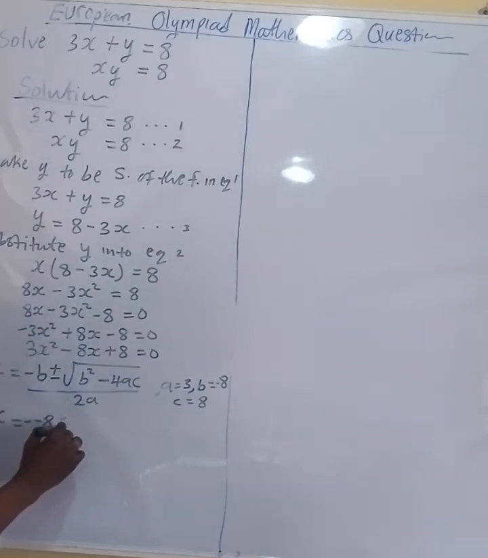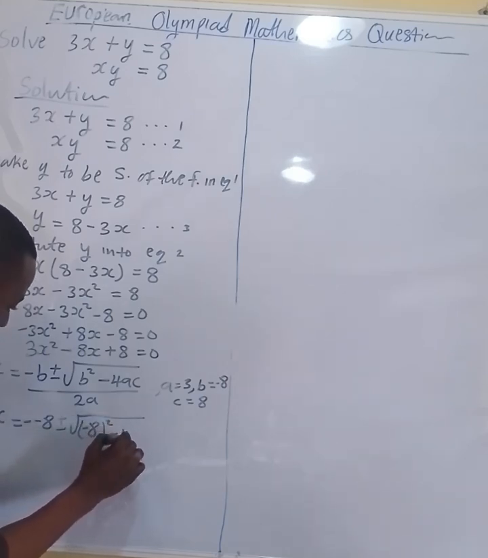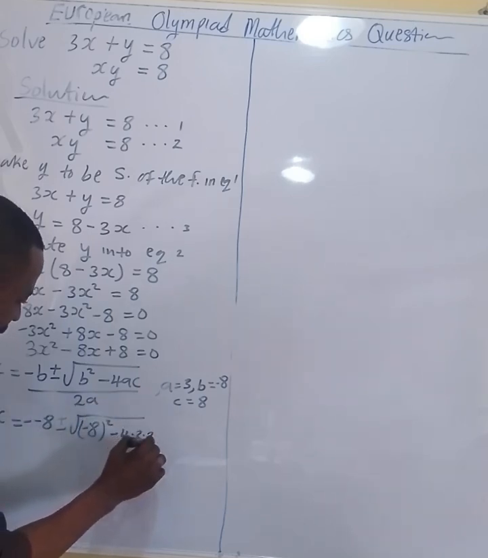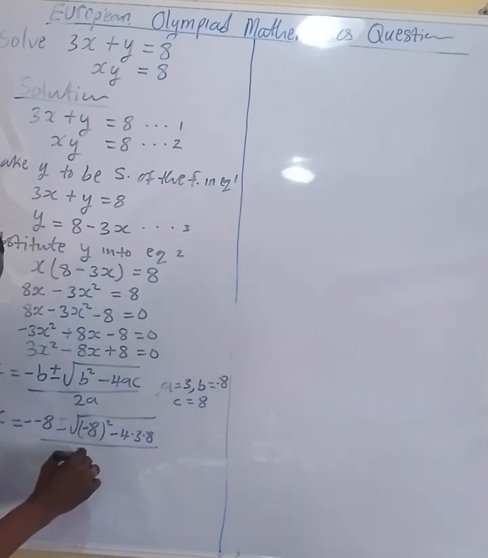Now, plus or minus the square root of our b, which is minus 8, squared, minus 4 times our a, which is 3, times our c, which is 8, everything over 2 times 3. Now we have x equals minus times minus, plus 8.